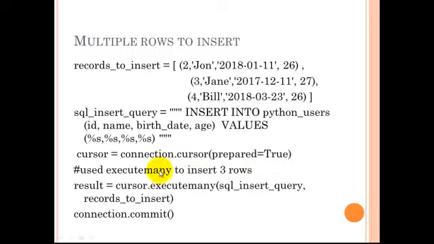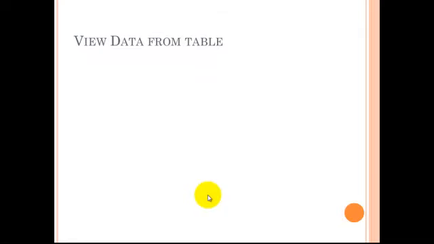Now I want to insert 3 records, so I will call executemany. Execute and executemany are 2 functions which are available. If I take execute, that will insert only 1 record at a time. If you go with executemany, it helps you insert more records according to your configuration. Hope the concept is made clear. Let us move ahead for more implementations.